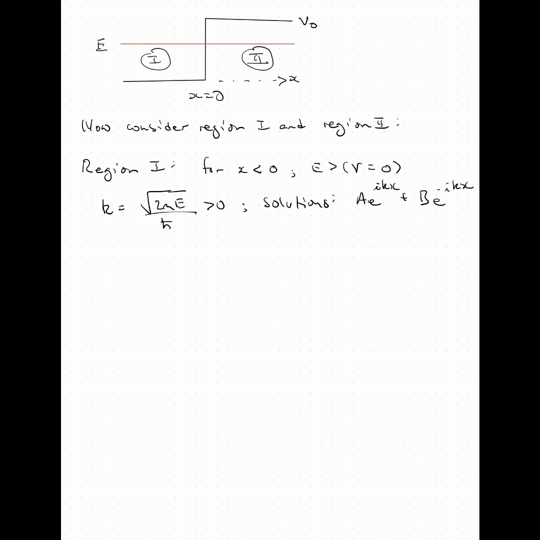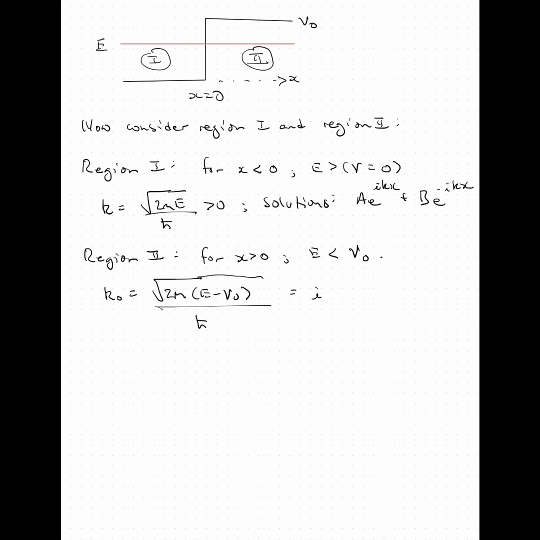Now for region 2, the situation is more interesting. This is the region where the energy is now less than V naught. And we write a k naught that's equal to root 2m (E minus V naught) over h bar, and we define the square root a little bit differently.